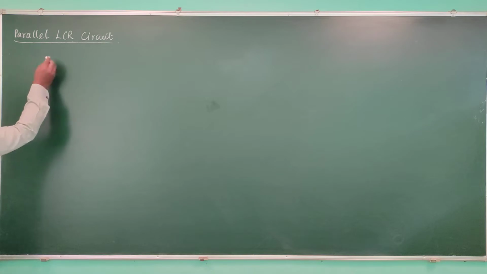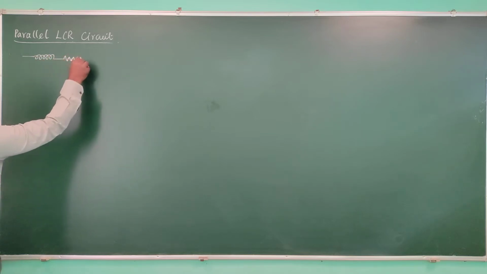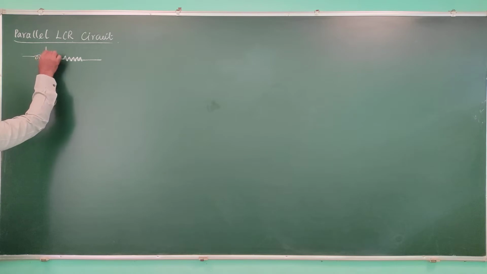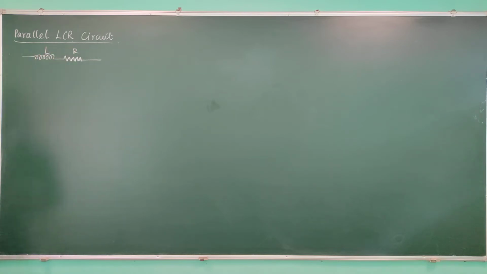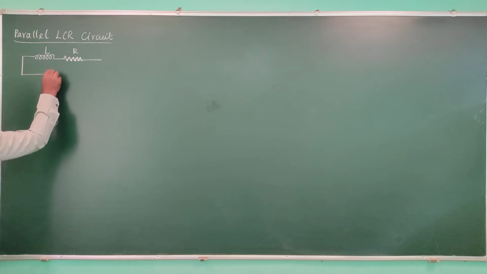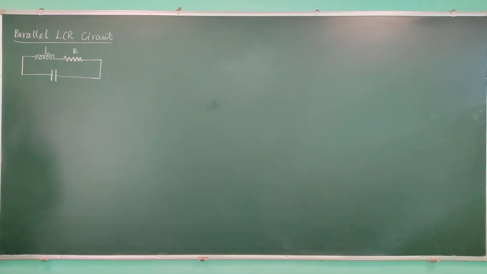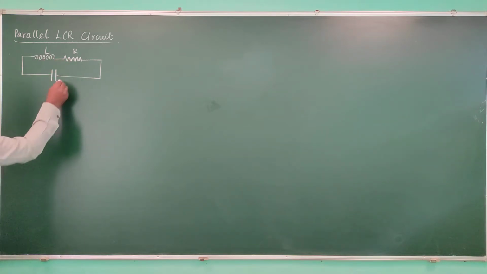So the circuit is, there is an inductor and resistor which are connected in series. Inductor is denoted by L, resistor is denoted by R. A capacitor is connected in parallel to this series combination of inductor and resistor, right?